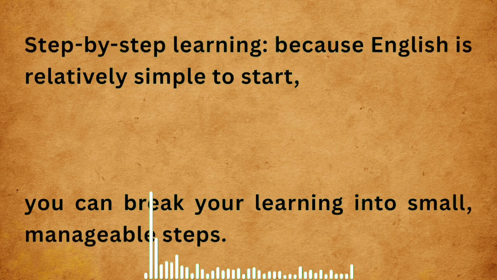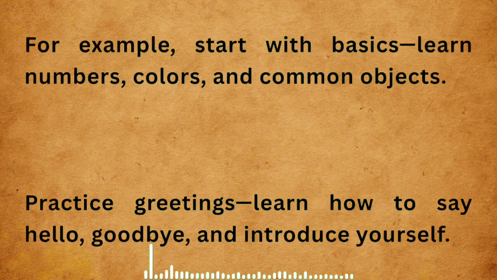Step-by-step learning. Because English is relatively simple to start, you can break your learning into small, manageable steps. For example, start with basics. Learn numbers, colors, and common objects. Practice greetings. Learn how to say hello, goodbye, and introduce yourself.